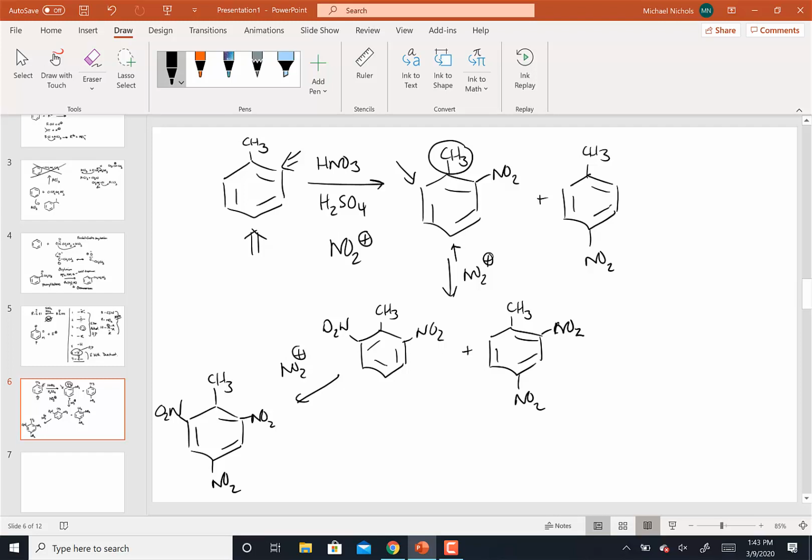Now, just something about this synthesis. This is the synthesis of, and I think I did this before, trinitrotoluene. And trinitrotoluene along with nitroglycerin are the family of pre-1900s explosives.